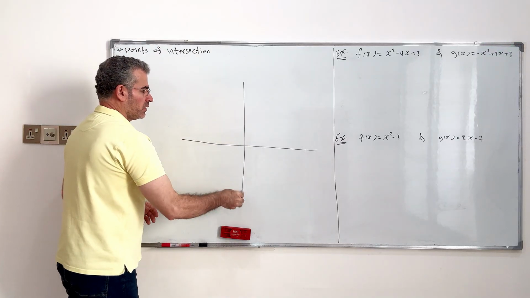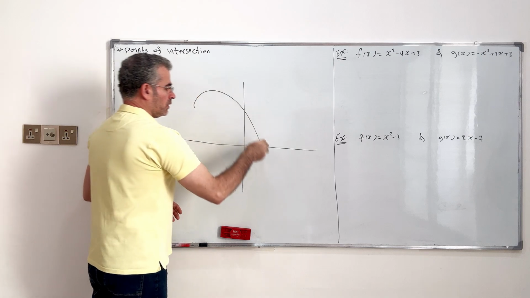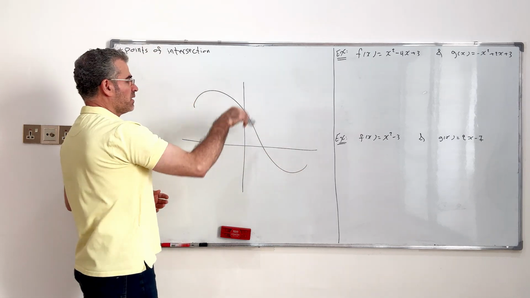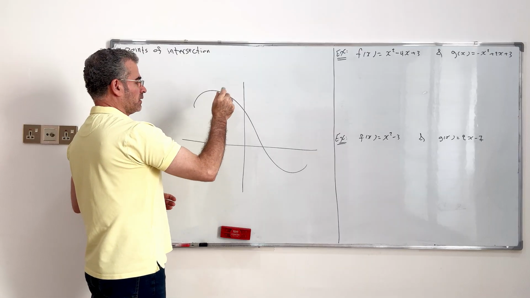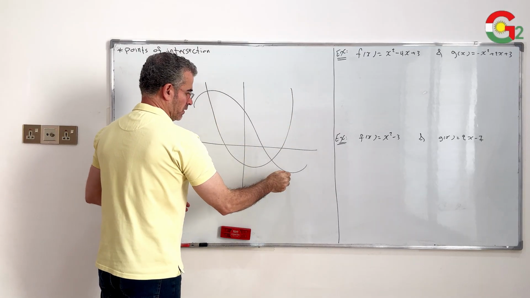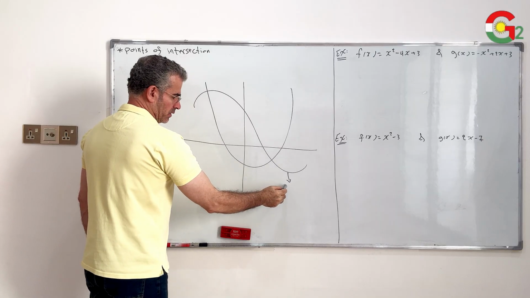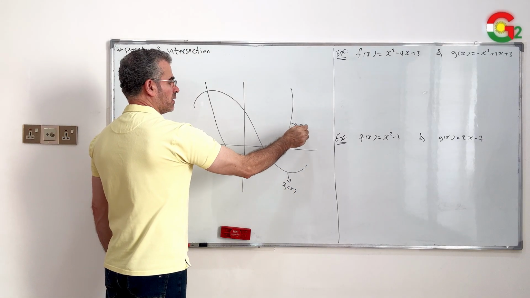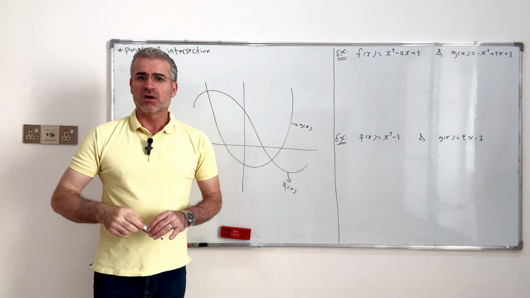If we draw a graph of two functions on the same xy coordinate, like these two graphs, let us call this f of x, and let us call this one g of x.